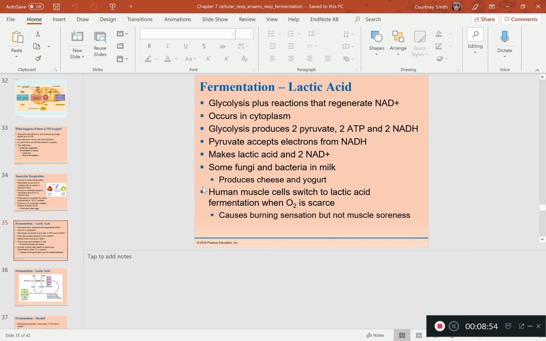So instead, because the ETC is not functional, the NADH made in glycolysis can't drop off its electrons back into NAD+. Because it can't do that, there is an additional reaction that helps the NADH drop off that electron and go back to become NAD+, in order to resupply glycolysis.